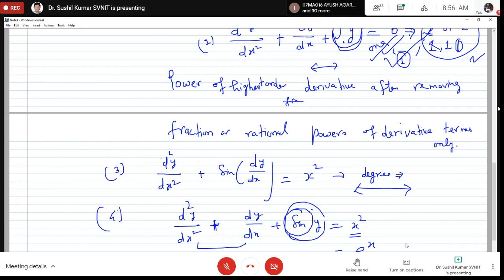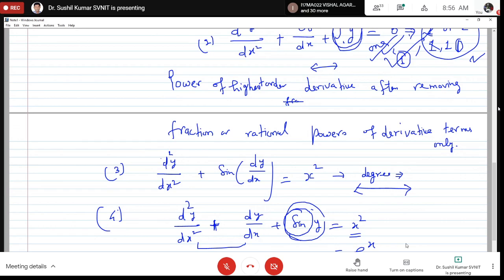That's why we require the integer power of all derivative terms only to define the degree of a differential equation. Because in a polynomial, the power of your variable is always an integer. So to define the degree of any differential equation, write the differential equation in polynomial form in derivative terms only.